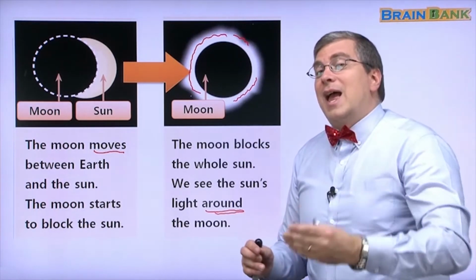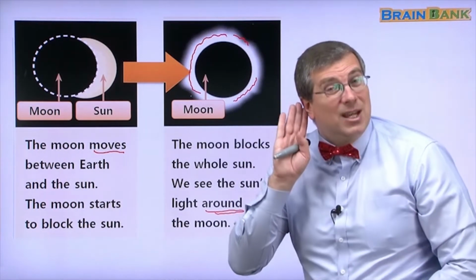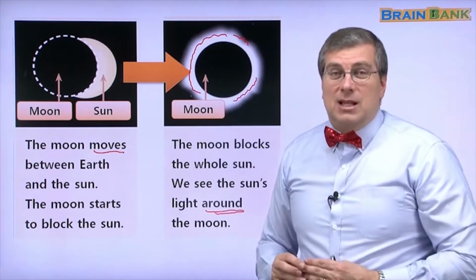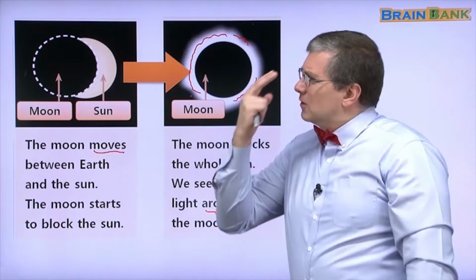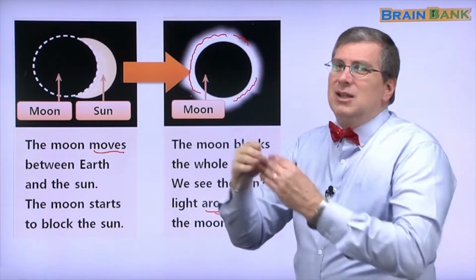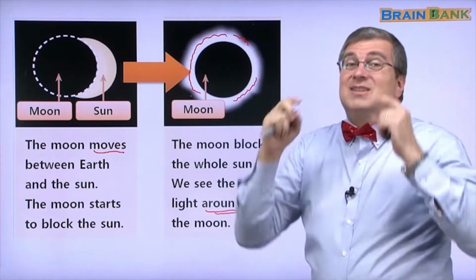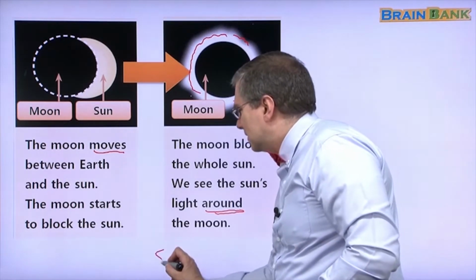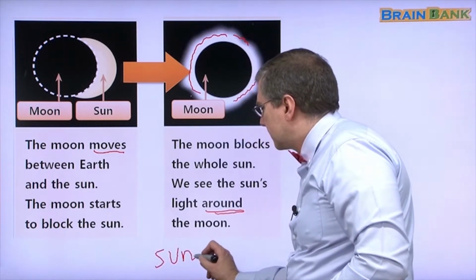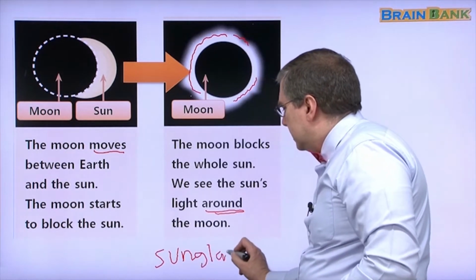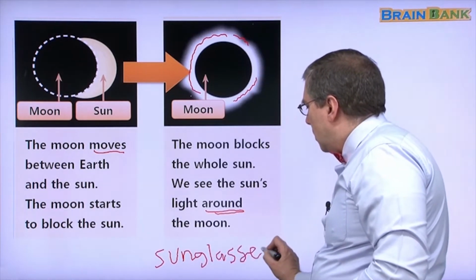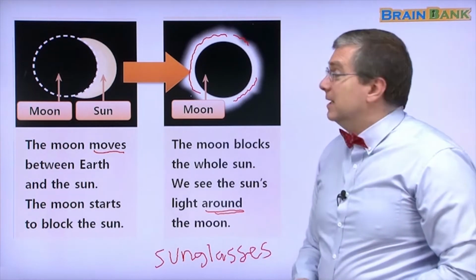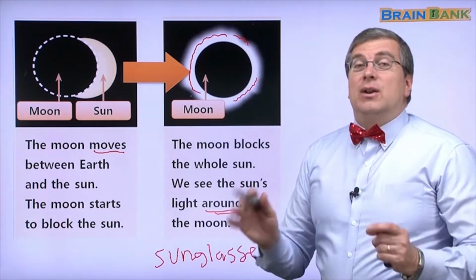So when you hear about an eclipse, try to look at it. But be careful. Don't look at the sun directly. Wear sunglasses. Be careful, right? Sunglasses, or ask your teacher or your mom or dad. Very interesting though, very beautiful.